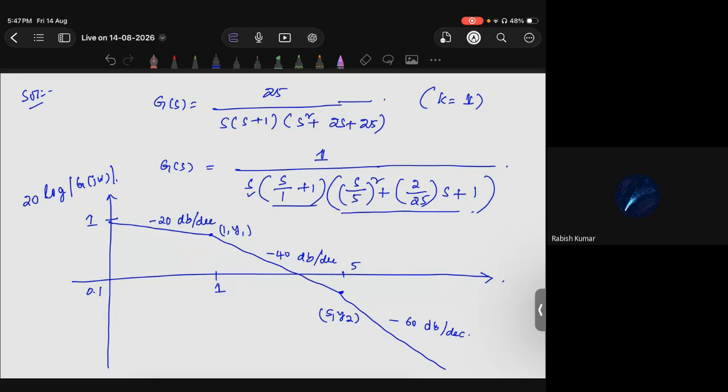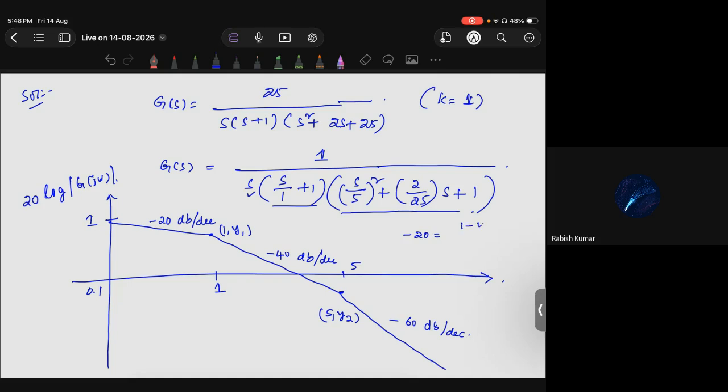Now your job is to find y1 and y2. How can you find y1? Let me write it straight away, you will understand. Y1 is equal to the slope, which is minus 20.